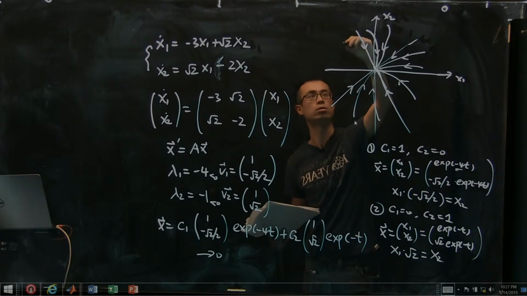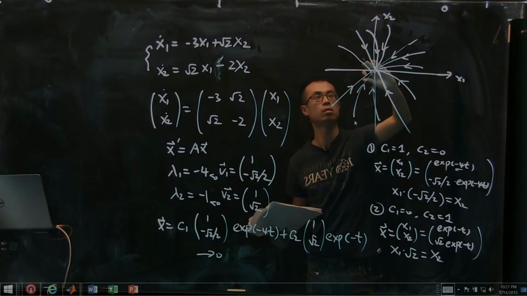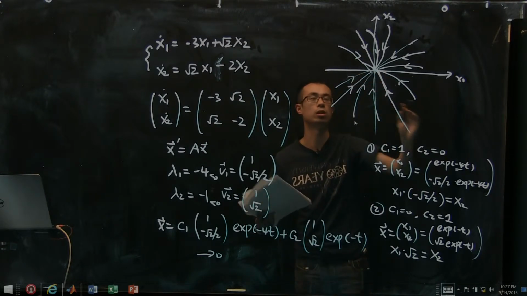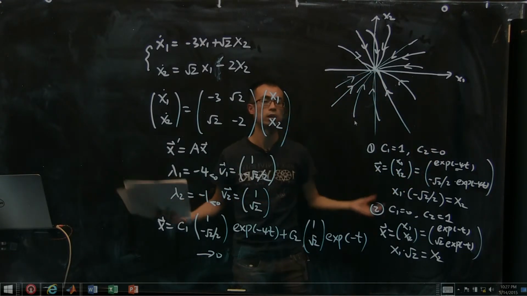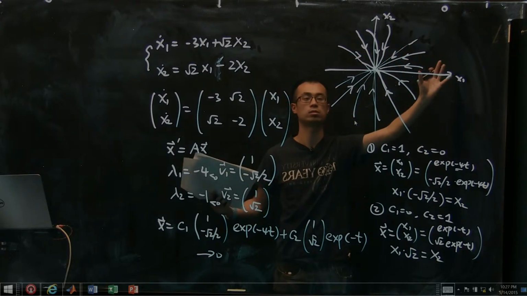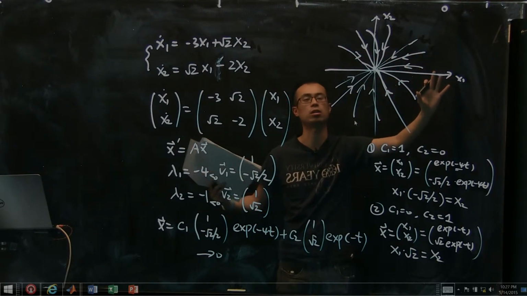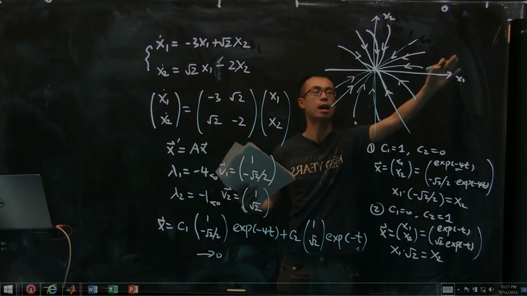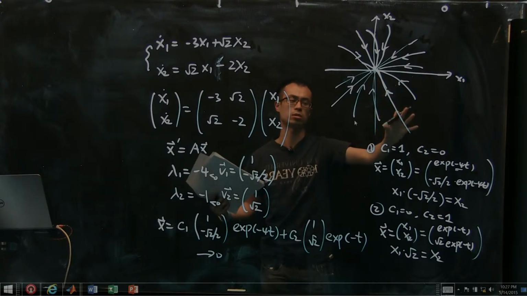So all arrows will go to zero. No matter where they start, they always go to zero. And you can see this is basically like a flower, and every arrow will point to (0, 0).